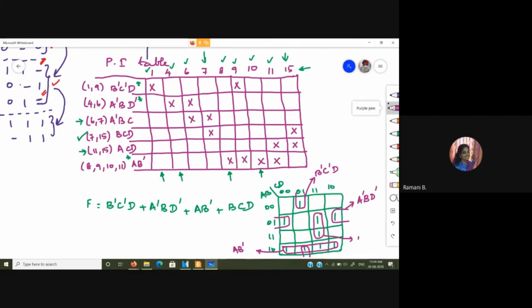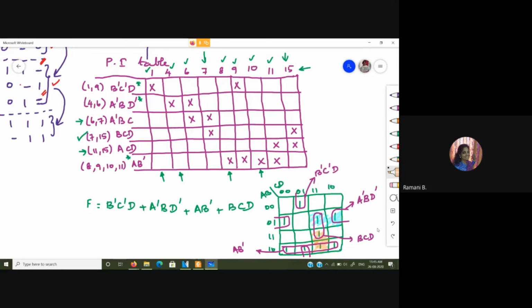Thereby I can get the expression as B, C and D. Instead of going for either a pair like this to cover the 7 and another pair to cover 15 like this, right?